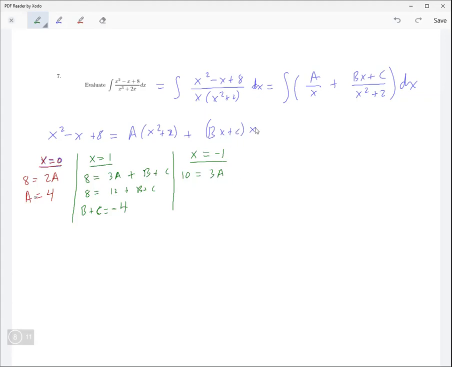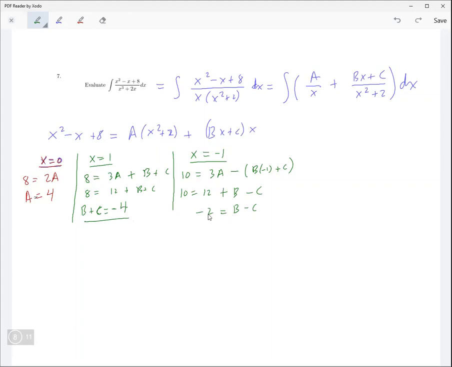And then here, if you put a negative 1 here, that's basically subtracting that. So let's see here, what do we get? 3A is 4, so that's 12 plus B minus C. Okay, so B minus C equals negative 2.